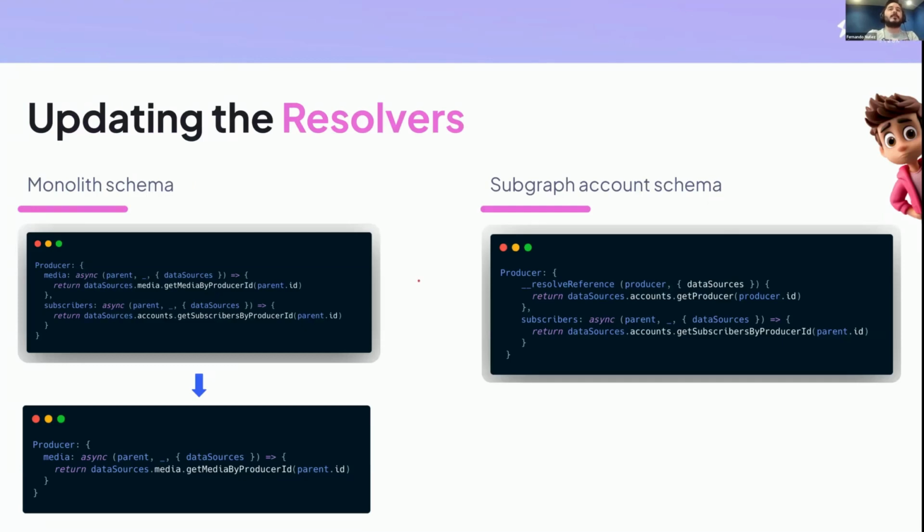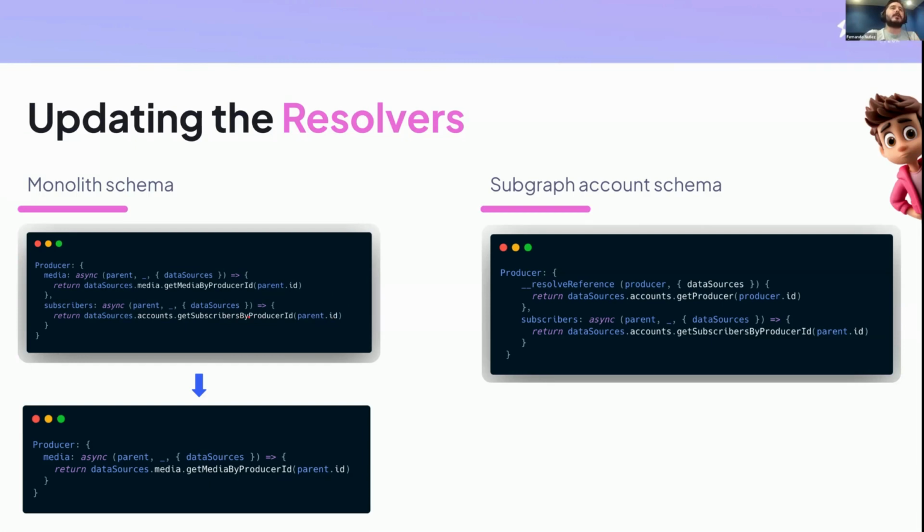And of course, we need to resolve this data. What we had in the monolith, for example to resolve the attributes of the subscriber, was getting the information from the data source.